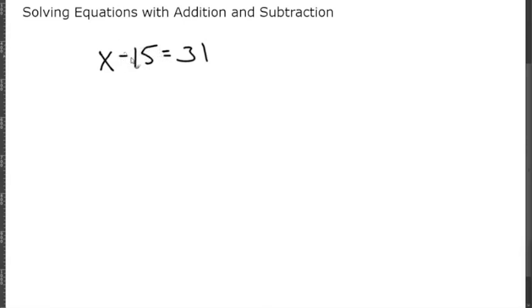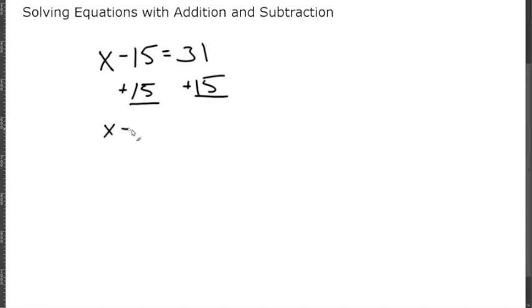This 15 is really subtracted from the x, so in order to get rid of it, we have to add 15 to the left side. So basically, you're just doing the opposite sign. Whatever we do to the left side of the equation, we have to do to the right side of the equation. So a negative 15 or a minus 15 plus 15 is 0.